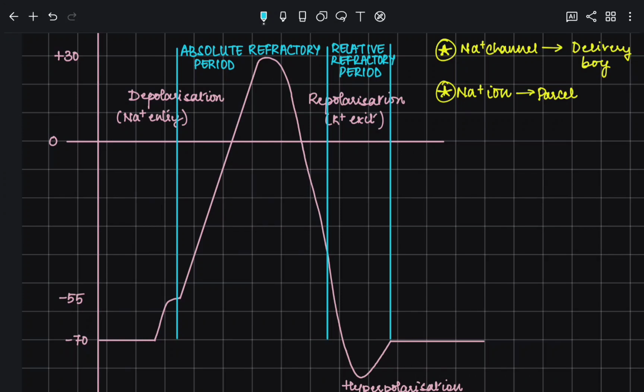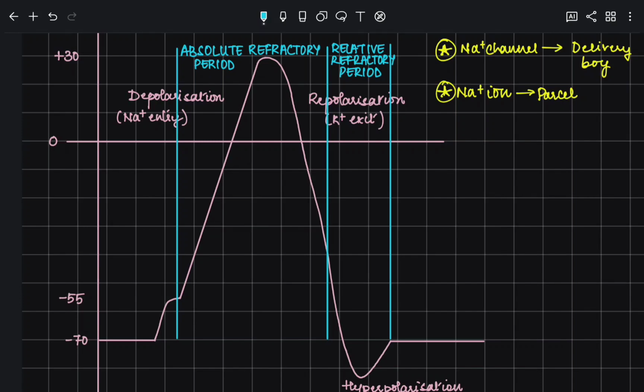Now, we understand the concept of relative refractory period. What is absolute refractory period? So an absolute refractory period is that period wherein all the delivery boys are resting. There definitely will be a time wherein all of them are resting and none of them are awake for a delivery, because that is some point in time wherein all of their sleep times are coinciding.